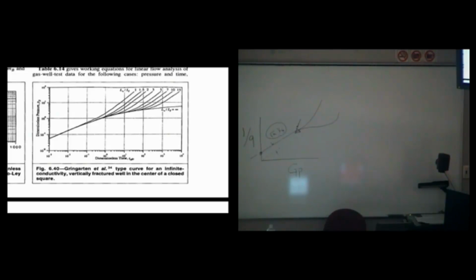Only on this type curve do I have a situation where it breaks north. Do you notice that all these other curves, here's kind of the end of linear flow. All these other curves go out of linear flow and into radial flow. They all break east.